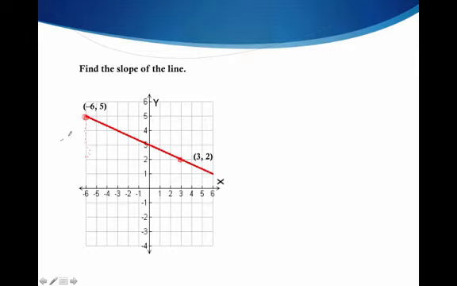I've got a -3, but my run all the way across over here from -6 all the way over to 3 is a total change of 9. So my rise of -3 over my run of 9 gives me a slope of -1/3. Okay?